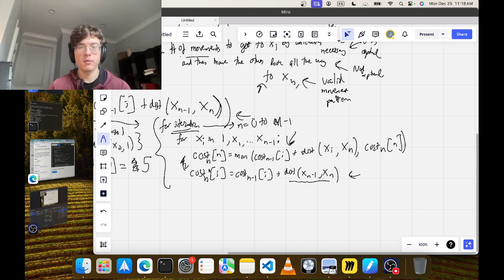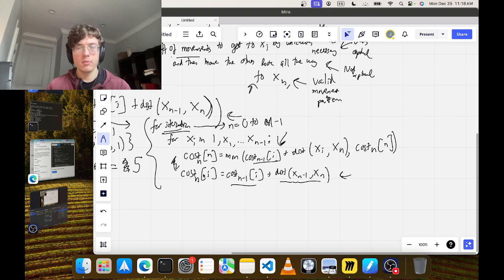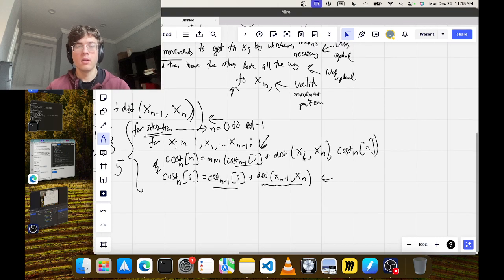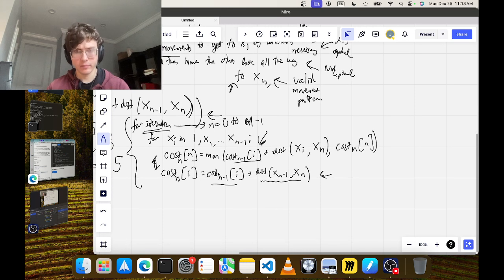It happens at the same time. We need this value, we can't overwrite it. So it would be intelligent to do it in this order, so we don't overwrite it. But yes, not only do we need to update this cost n while looking through all the possibilities, but we're also updating this cost i with a new distance because we're looking at a new iteration.